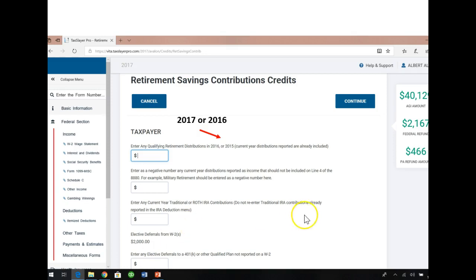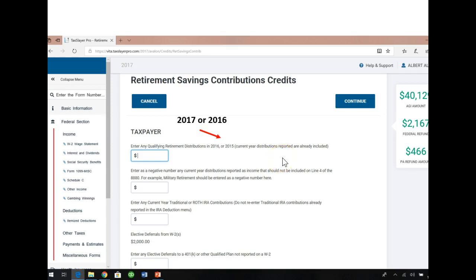The only reason you would go here is if the taxpayer had any distributions from retirement on a Form 1099-R.